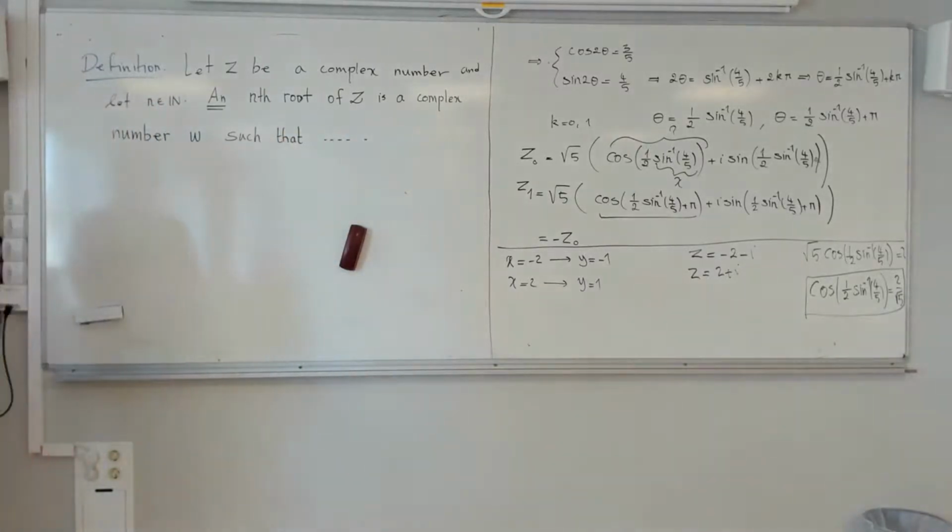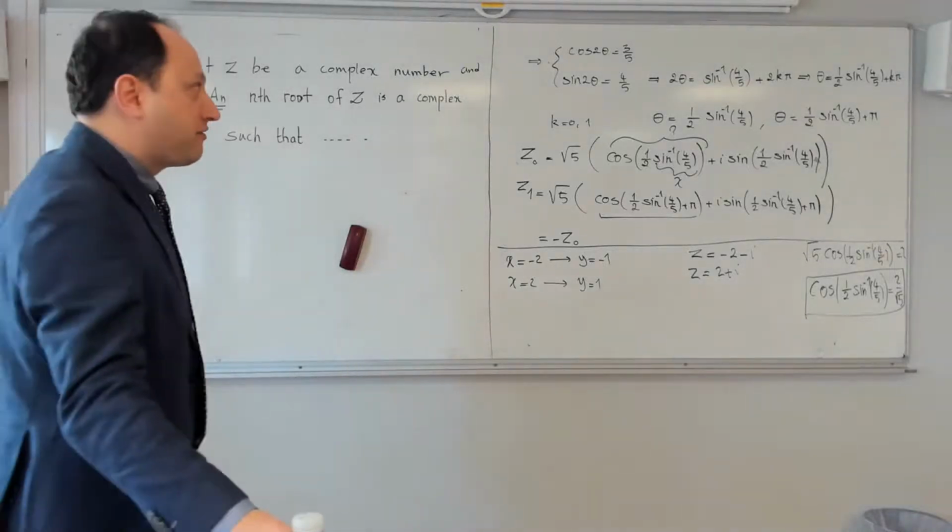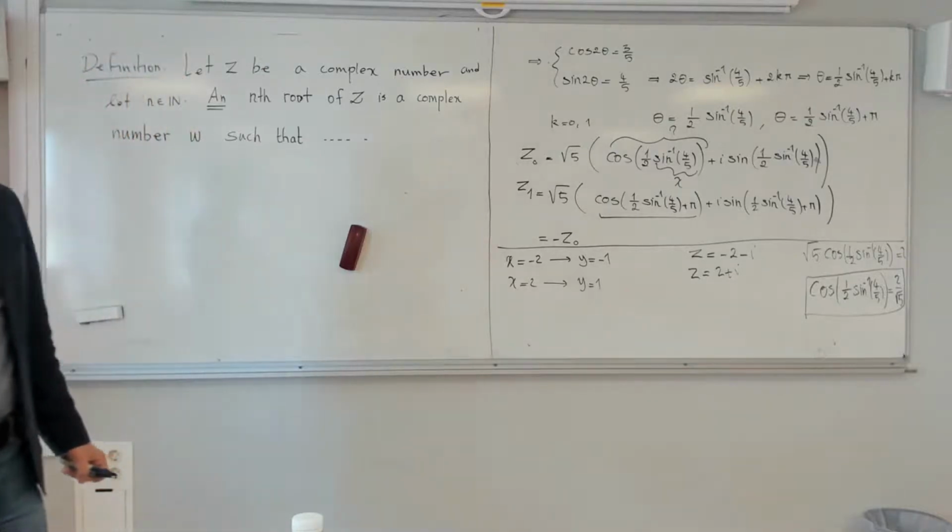Just read the text again. Let Z be a complex number and let N be a natural number. An nth root of Z is a complex number W such that what happens? What is the meaning of the fifth root of 7?